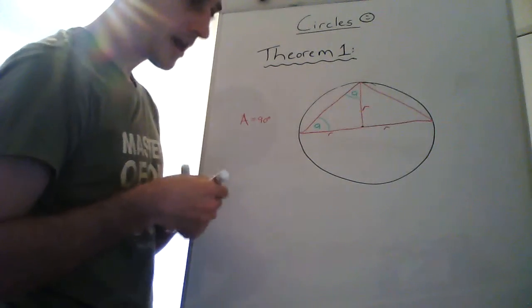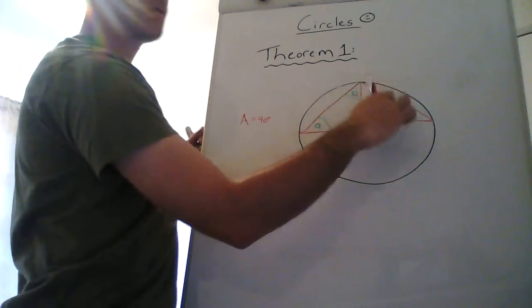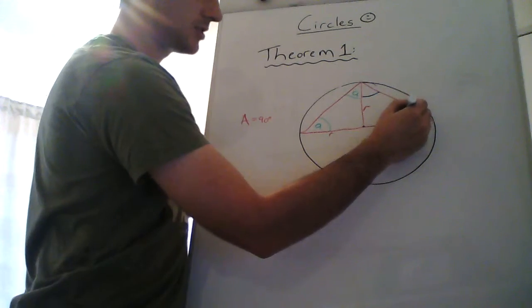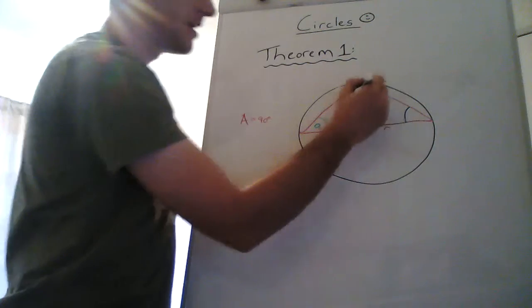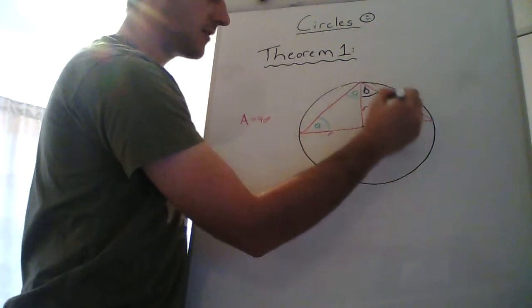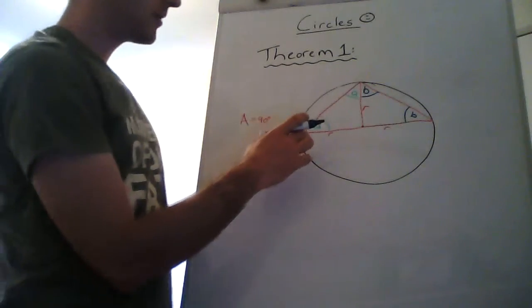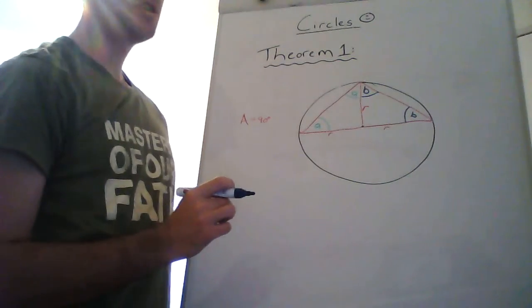Likewise, within this triangle that's been formed, I have an isosceles triangle, because the radii are equal once again over here, and I'm going to call this guy B. So I'm going to have B and B. Okay, so now I know that the two A's are equal, the two B's are equal.